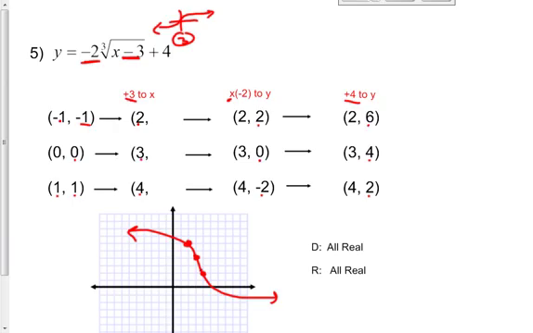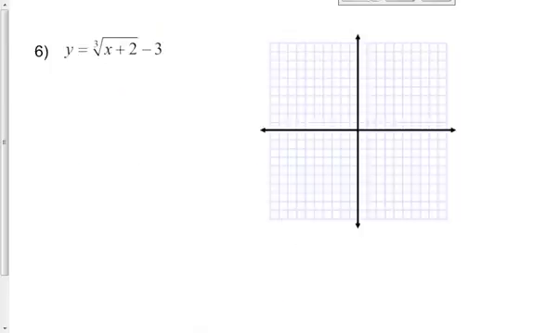And I'm going to create that same snaky S-curve laying on its side. Remember that minus sign means it's going to flip, so instead of being low to high, it's high to low, still laying on its side. And the domain and range, all reals. Cubic and cube root graphs are always all reals every time.